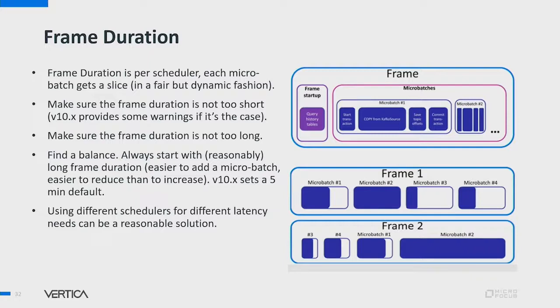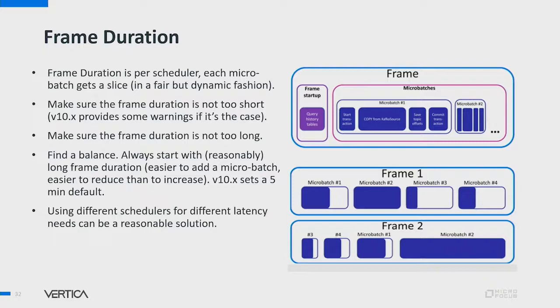The idea eventually is to find a balance. So we always recommend to start with a reasonably long frame duration, and then adjust it as we go forward depending on the throughput that we receive. In Vertica 10.x, we set a 5-minute default. And finally, as I mentioned earlier, using different schedulers for different latency needs, for topics with high and low throughputs, can be a good idea as well.